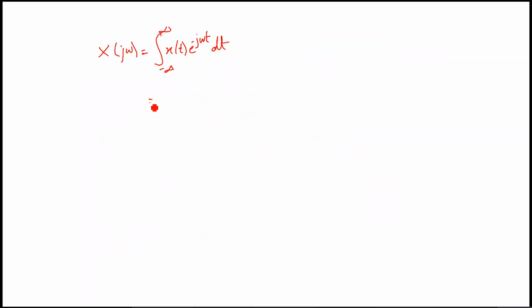So we know that x of t is nonzero only from minus 0.1 till 0.1 seconds. This is 1 times e raised to the power of minus j omega t dt, and then you can see what this comes out to be, over what should it be, minus j what?